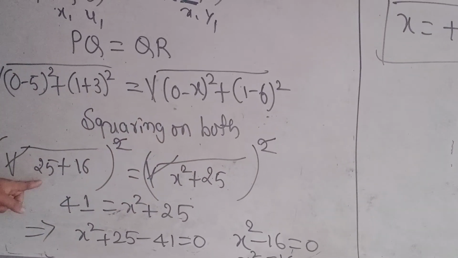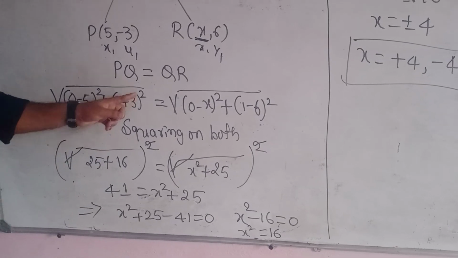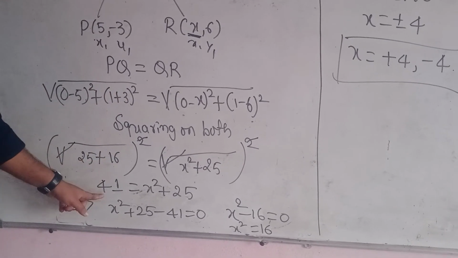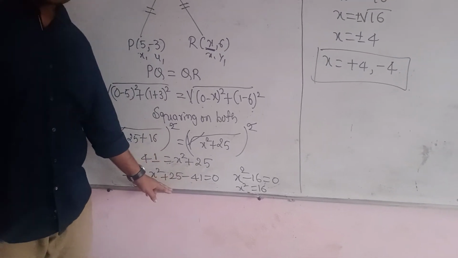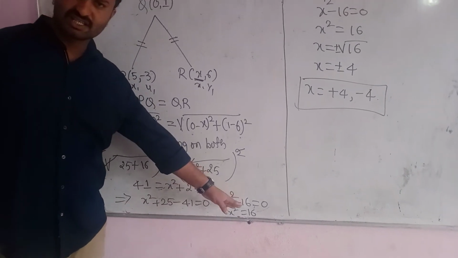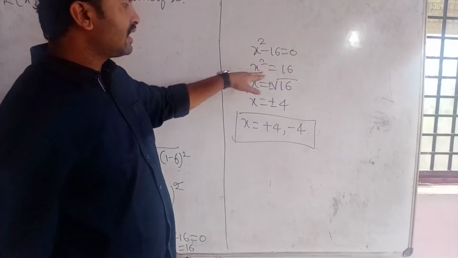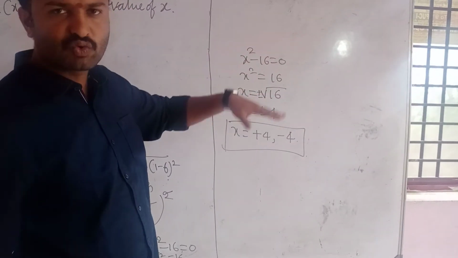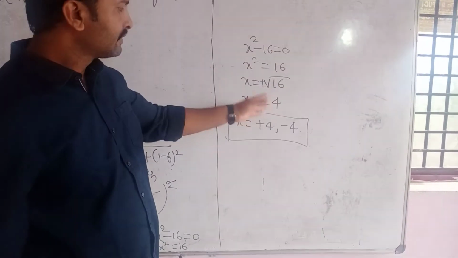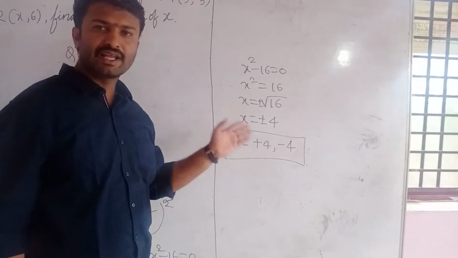Then minus 5 whole square is 25, 4 whole square is 16, and 16 plus 25 is 41. 41 goes to the other side and becomes minus 41, and plus 25 minus 41 is minus 16. We got x square minus 16 equals 0, so x square equals 16. We have to find the value of x, so the square becomes a square root, and the values of x are minus 4 and plus 4.